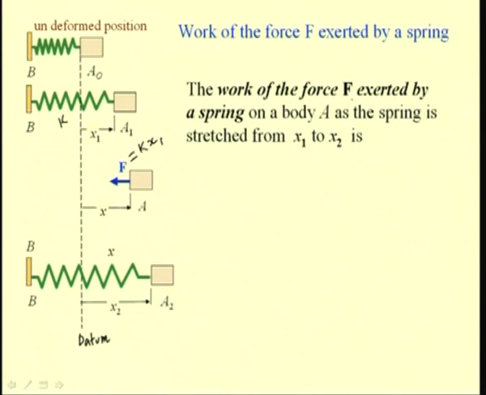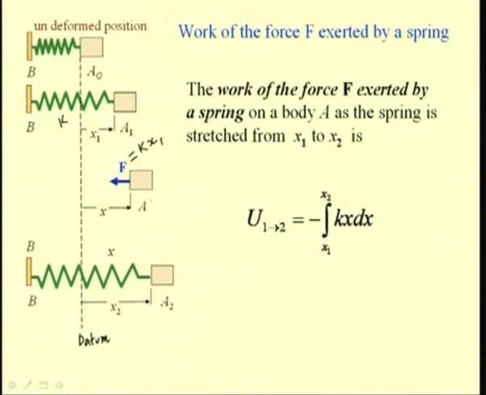The work of the force F that is exerted by the spring on this body as the spring is stretched from x1 to x2 is given by integral of minus kx dx between the limits x1 and x2.